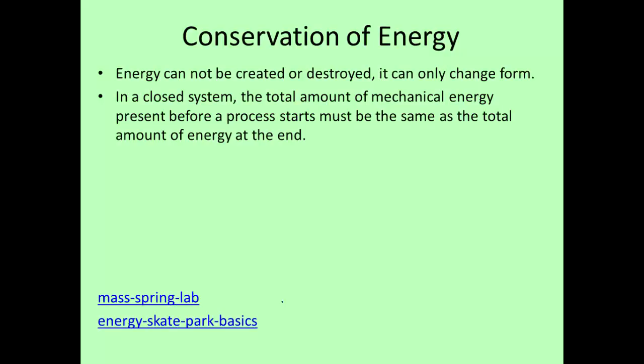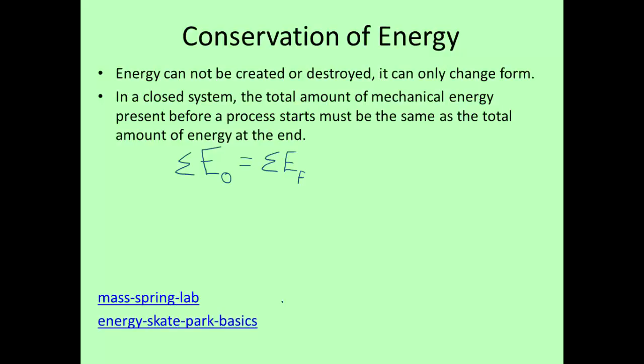The other way of saying it is that in a closed system, the total amount of mechanical energy present before a process starts must be the same as the total amount of energy at the end. In other words, the sum of our energies originally must be equal to the sum of our energies near the end.